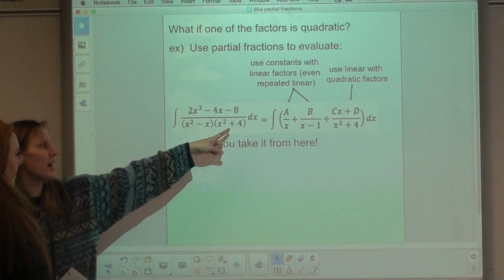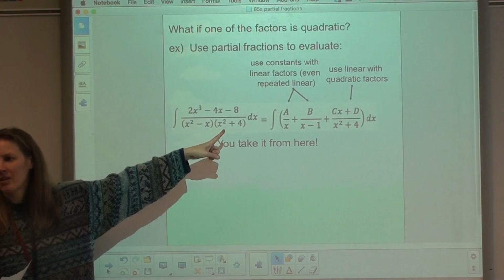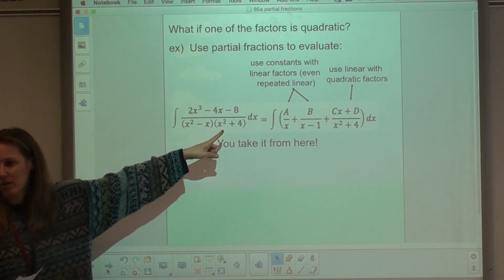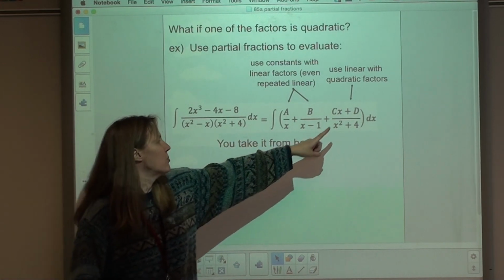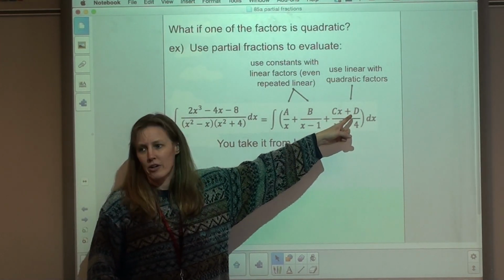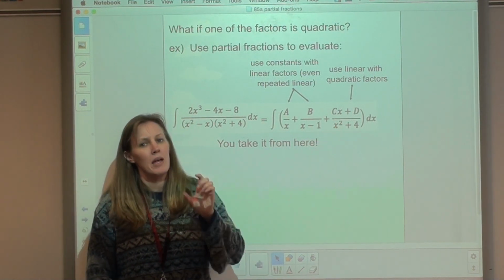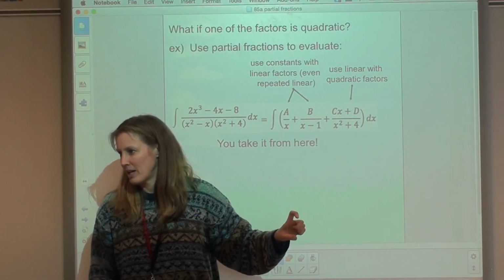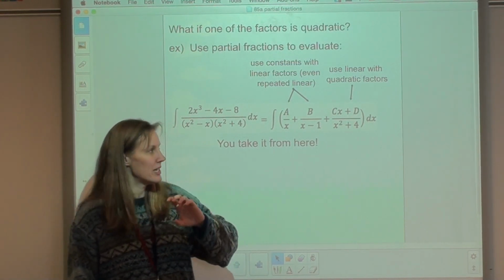When you have a factor that is quadratic and it can't be reduced, you're stuck with a quadratic, right? So when you have a factor that's quadratic, you put a linear numerator above it. The linear numerator has to be of the form mx plus b. People were annoyed earlier today.